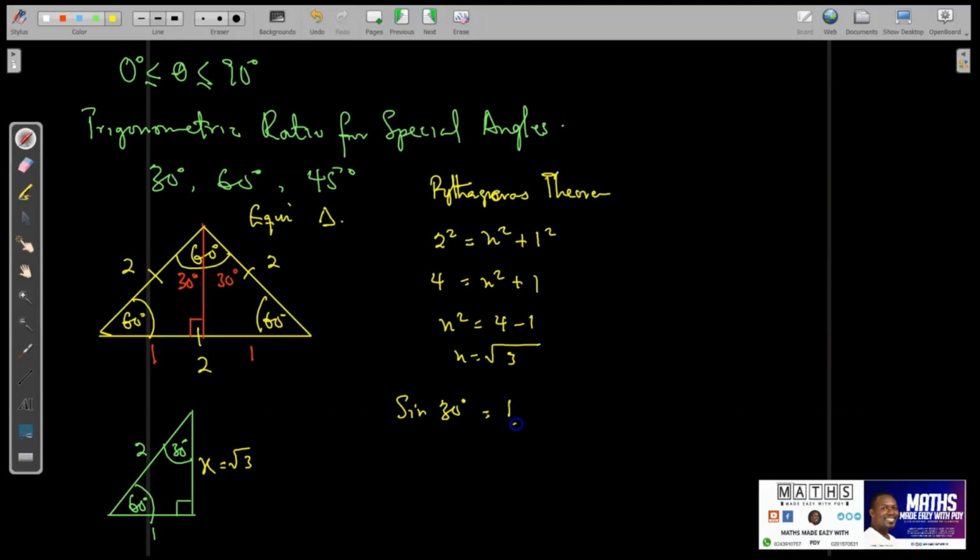So opposite is 1 divided by the hypotenuse. What value is it? 2. So it tells you directly that sine of 30 degrees is half. You can confirm it from your calculator. Can you confirm it, please?